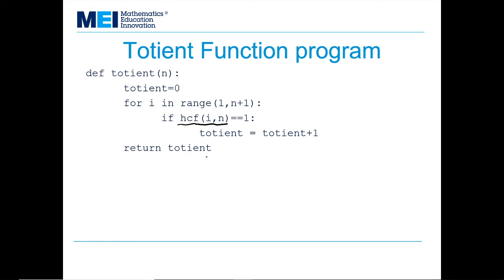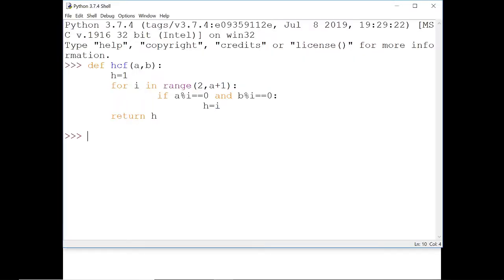So let's have a look at that in the shell. I've got my highest common factor function there from before, and I'm going to start by defining my totient function, which will take a value of n. I want to know the totient of n.